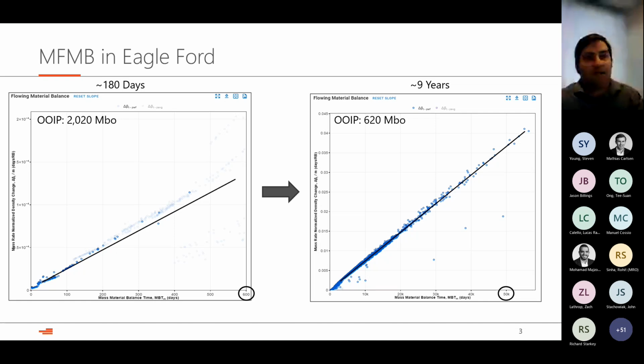And then going 9 years down the road, very shortly after that single phase period, we get to a value of about 620 million barrels, and we stay on that trend for essentially forever. So you don't ever see the typical standard of what people want to see, of the multi-phase FMB bending over as you're going through linear flow until you reach a boundary.